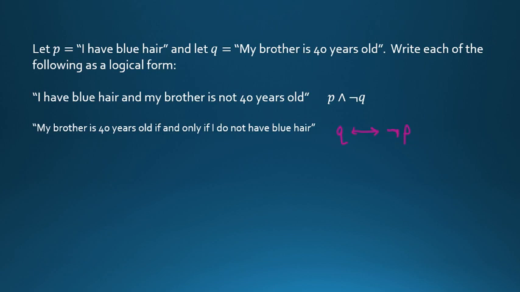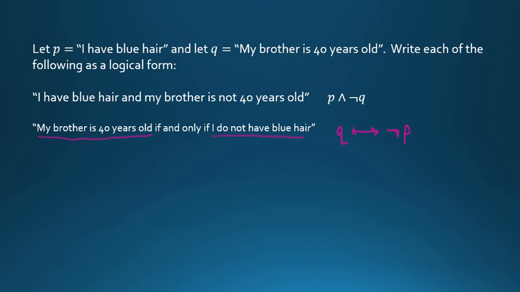So hopefully as your answer, you got Q if and only if not P. We have the two simple ideas there, the two simple statements with an if and only if in the middle. That phrase should be your mental trigger for the biconditional.